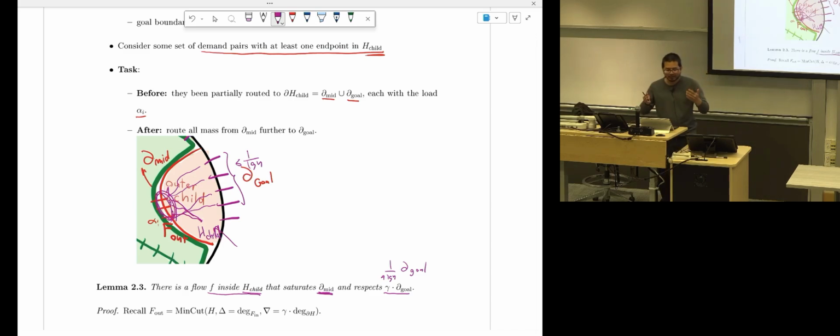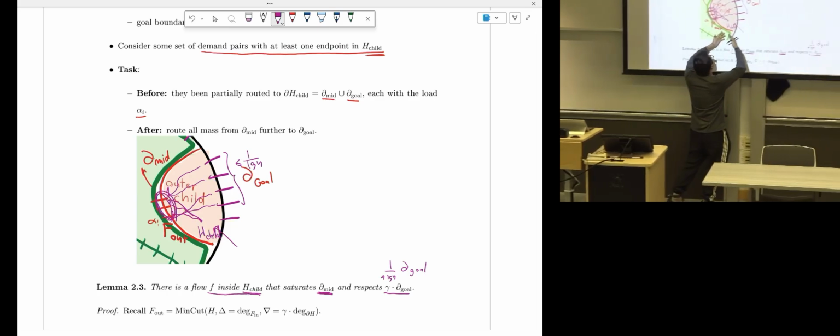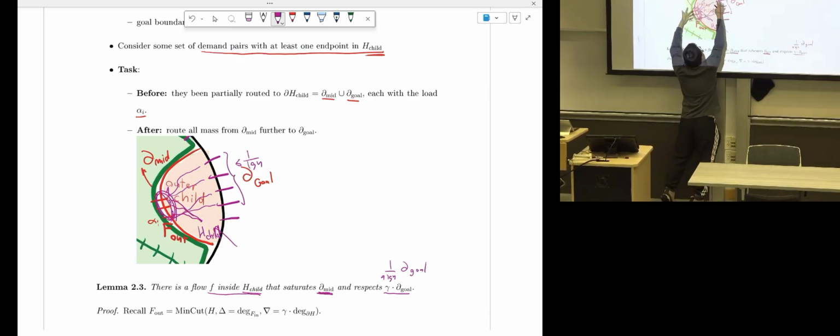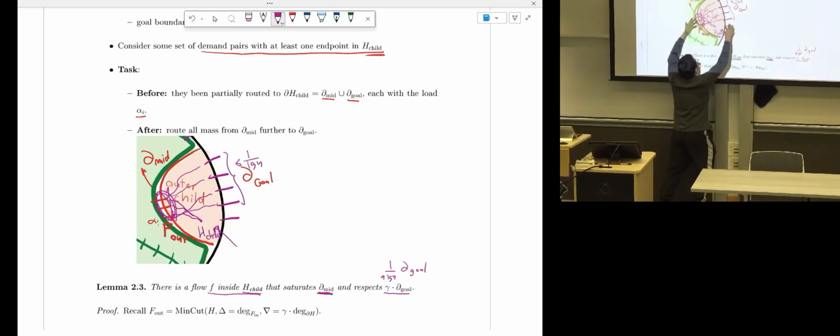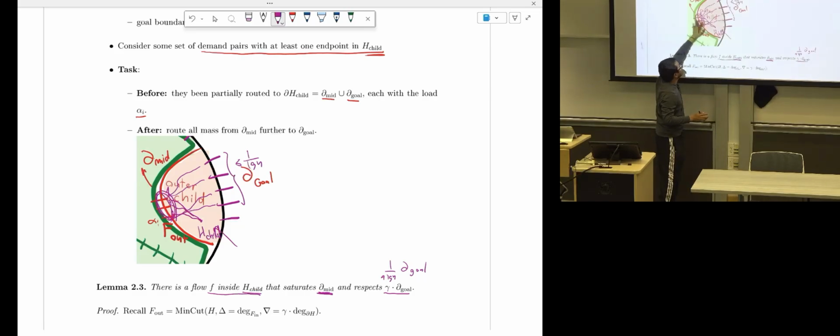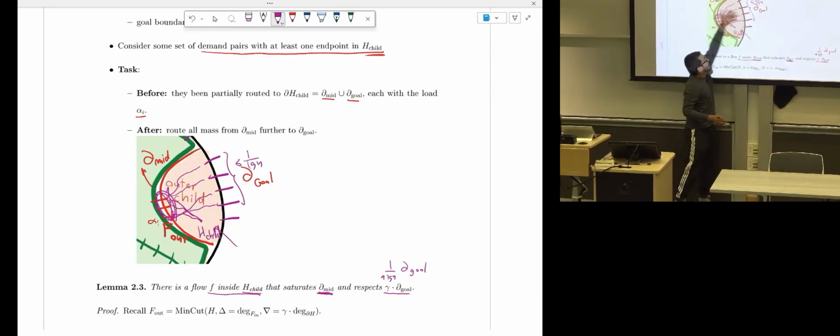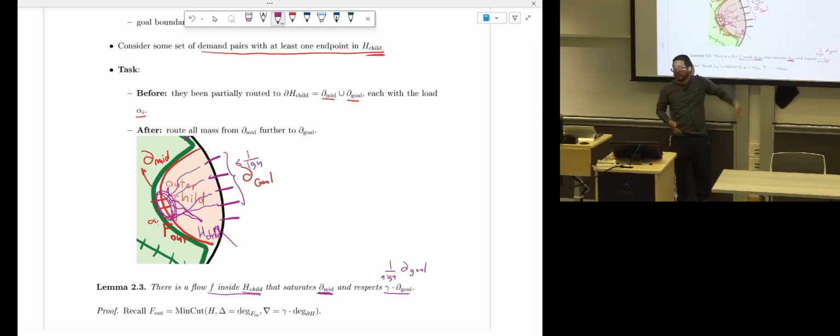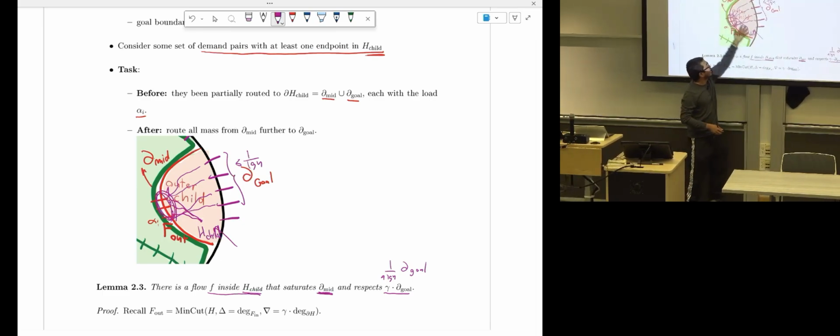So it's quite simple. In this part, you have sent flow to the battery of the red cluster so far. But I know that one part of the battery can forward it to this part with low congestion, and it's just going to increase the congestion by a 1 over log fraction.